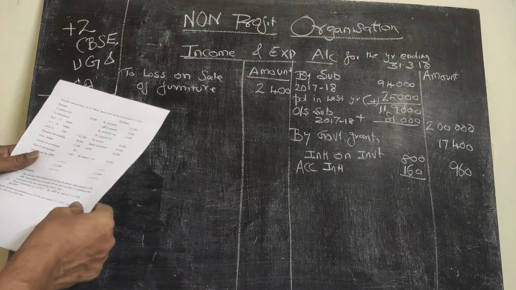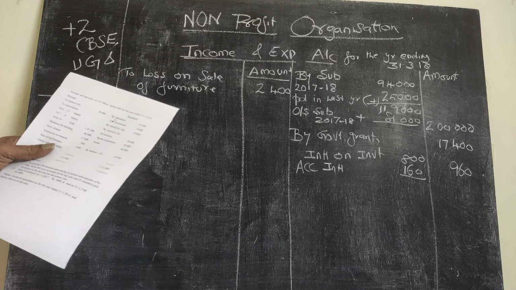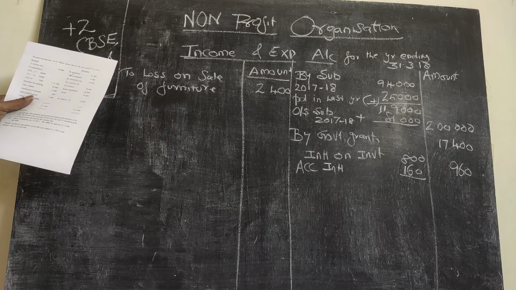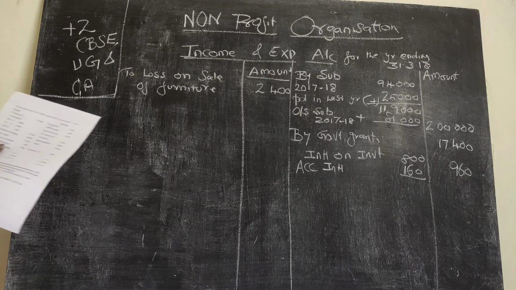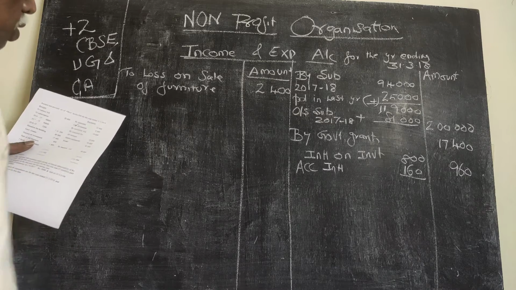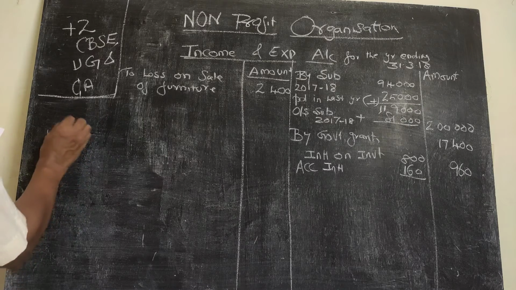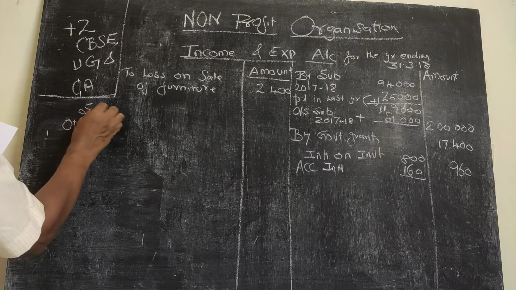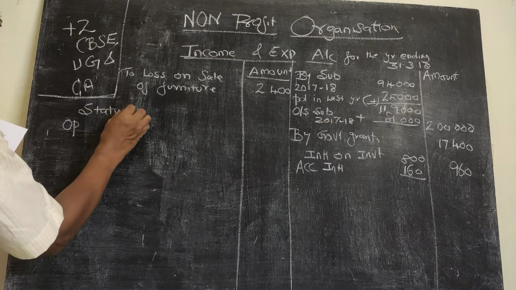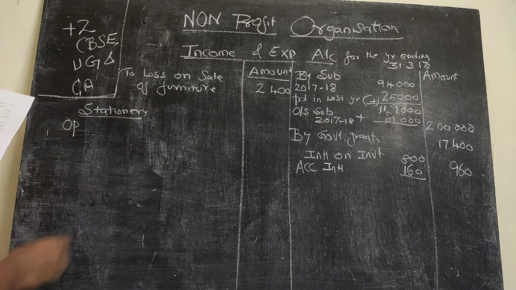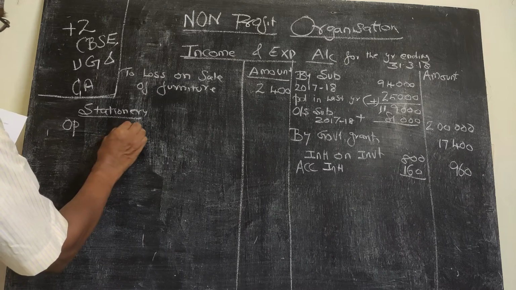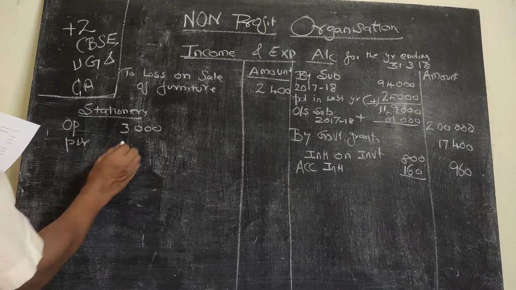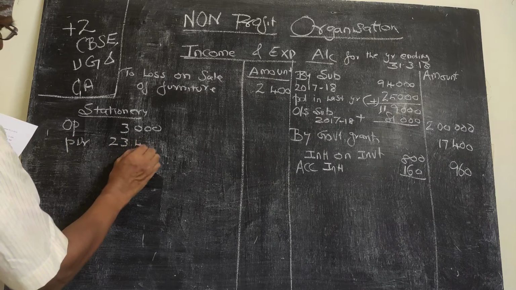Now let me go for the payment side. The first entry is stationery. There is opening stationery as well as closing stationery. So we have to find out the amount of stationery consumed during this year. So, showing the workings: opening balance for stationery account is 3,000. Purchases during the year 23,400.